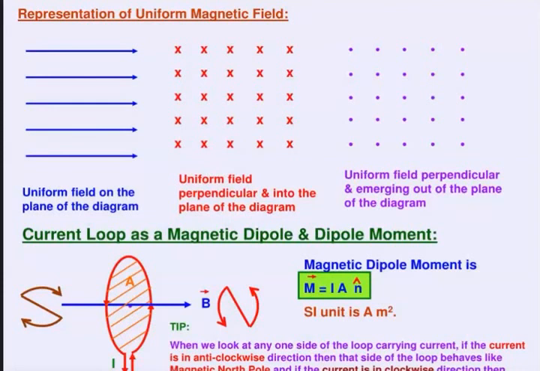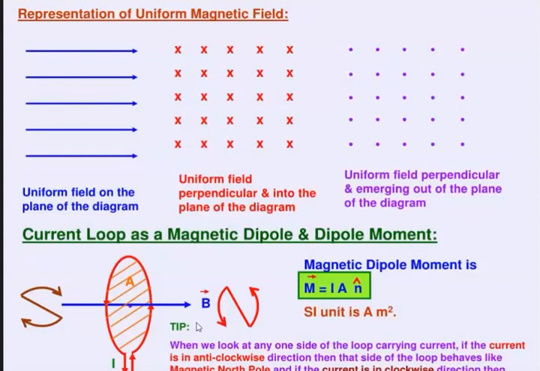So if one observes from above one phase, the current flowing through the loop will appear to be flowing anti-clockwise, and the same observer, when shifting above the other phase, will see that current is flowing in the clockwise sense.